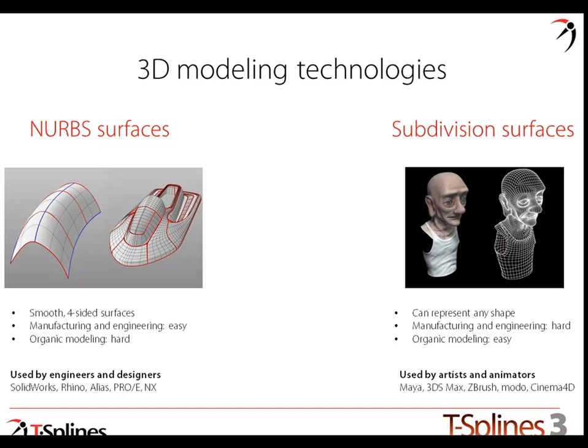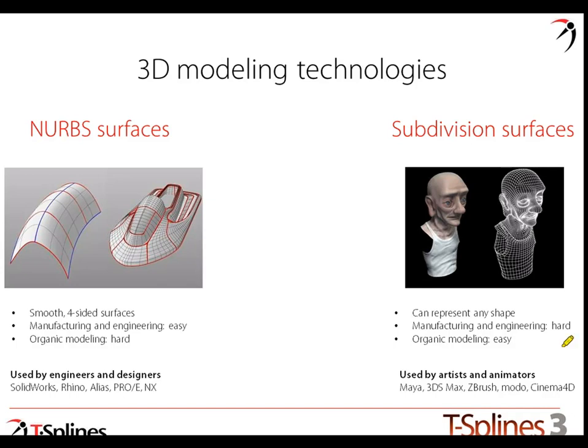Subdivision surfaces, on the other hand, can represent any shape, which makes organic modeling easy. However, since you can't exactly trim or boolean them, they are generally not used in CAD packages. However, this isn't an issue for visualization, so subdivision surfaces are a main technology used to create amazing images and models in programs like Maya, 3D Max, ZBrush, Moto, Cinema 4D, and others.